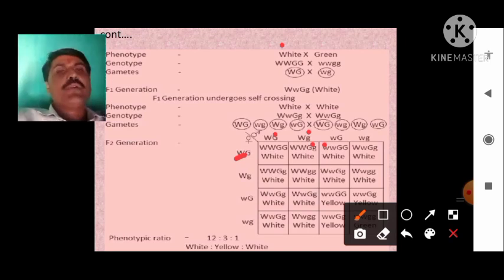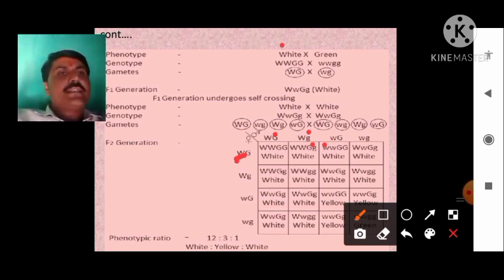Capital double W, capital G and small g. There are some allelic changes in this white plant. Though it is phenotypically the same, genotypically we found some difference.